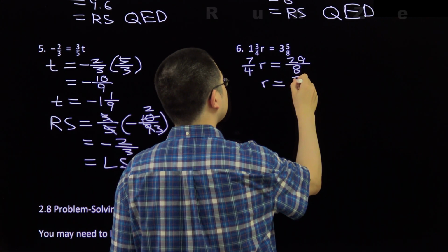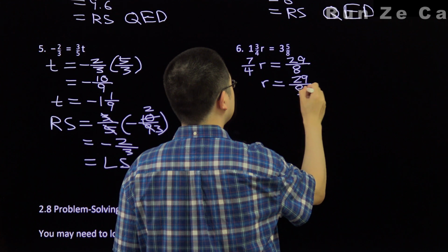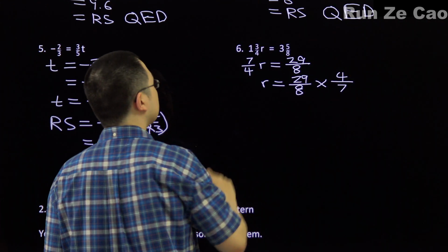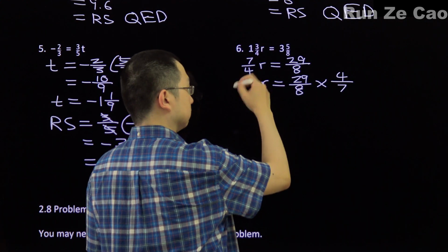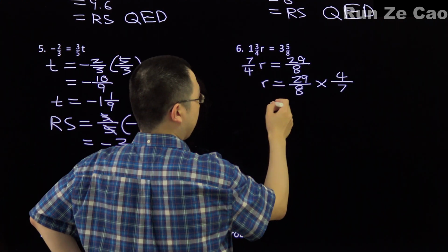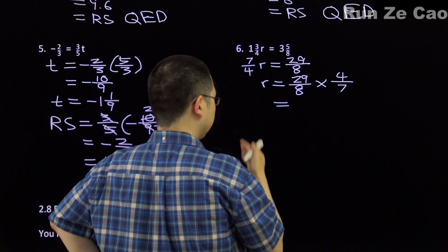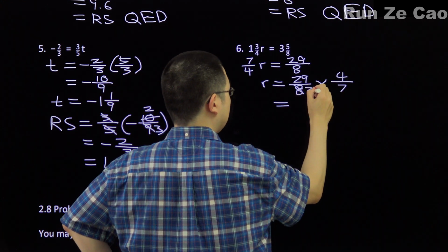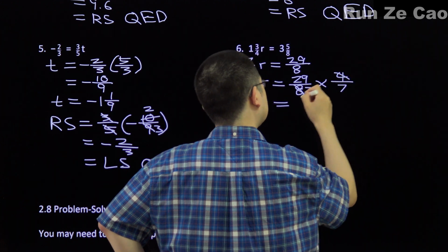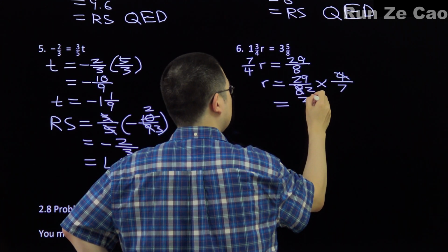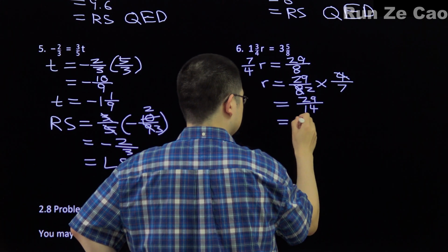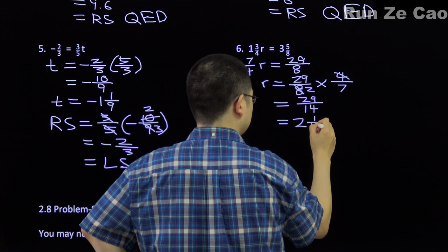Well, this is going to be 29 over 8 times 4 over 7. Because if you multiply this by 4 over 7, it cancels. So this leads us to cancel this, and we get 29 over 14, which means 2 and 1 over 14.